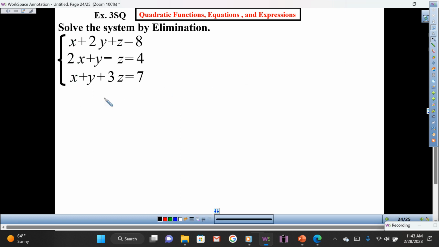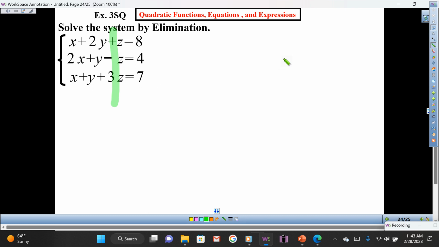Can we eliminate the y? No, that means still we will need to multiply 1 times 2, 1 times negative 2. Okay. Can we eliminate the z? Not at that point. However, what does this need to be? 3, and this one positive 3, this one negative 3.